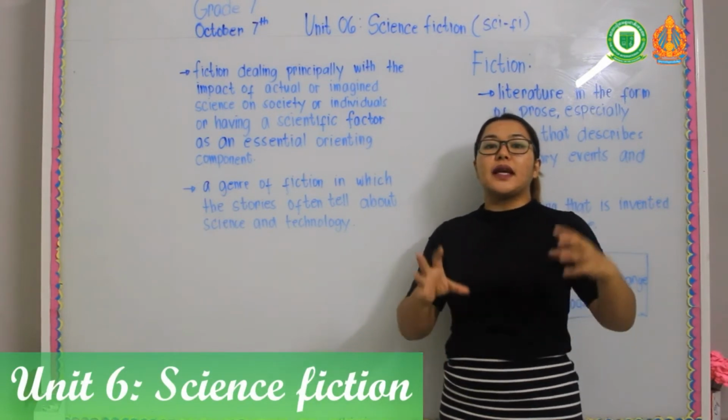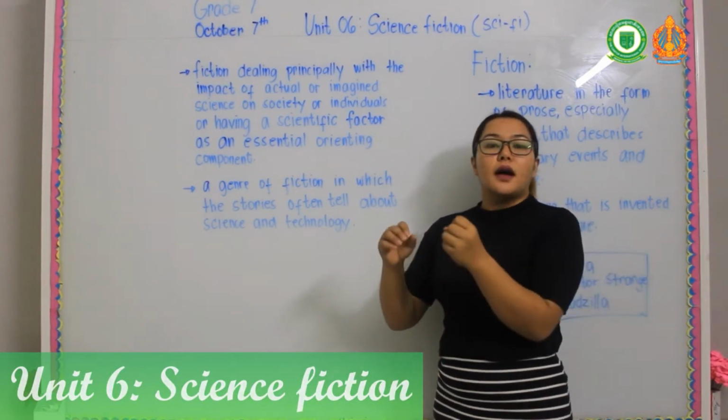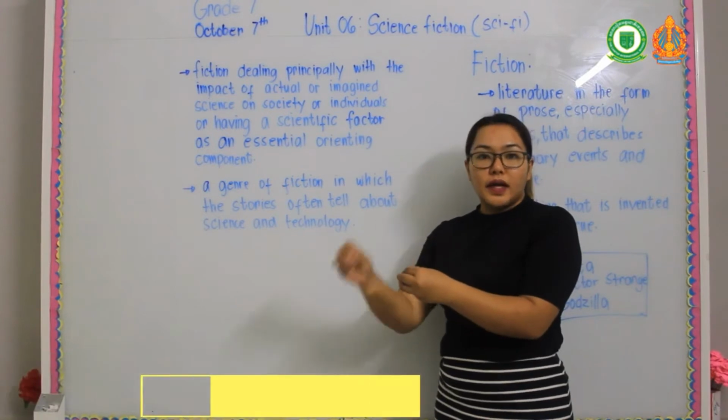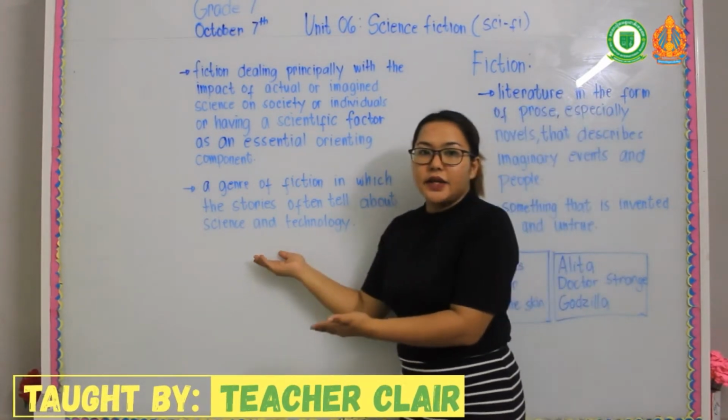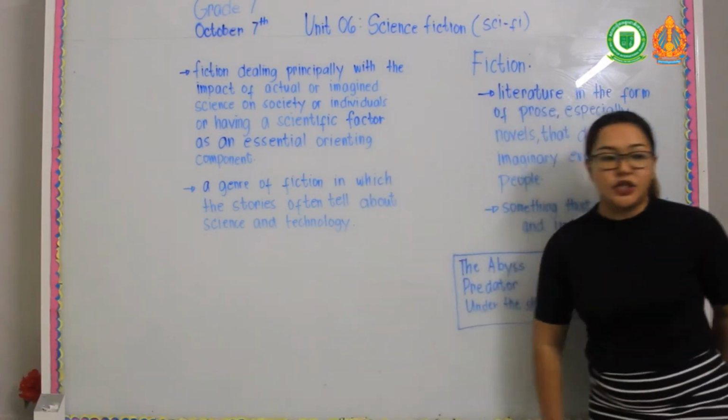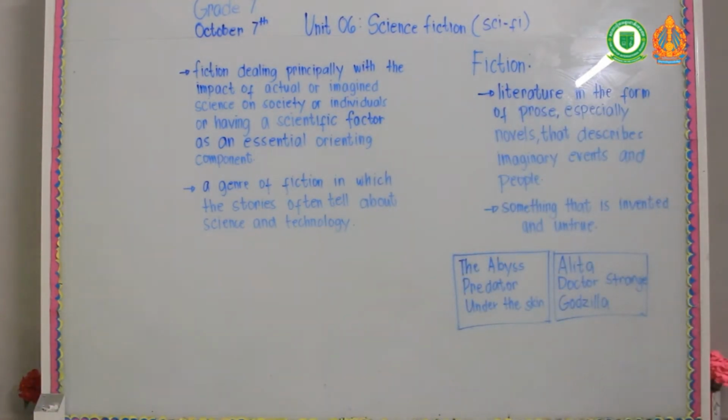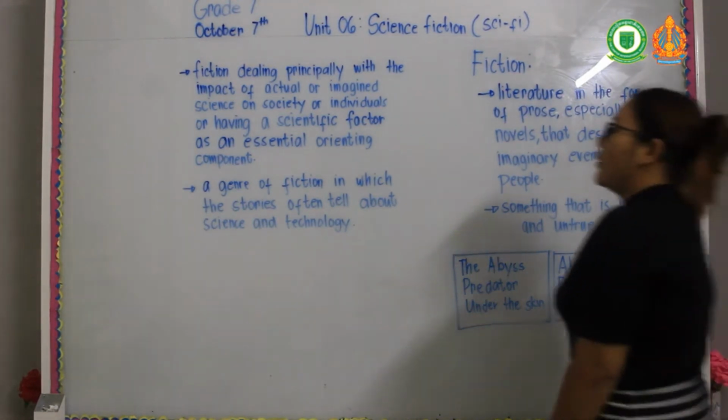So it can be fully imaginary, or it can be both real and not real. Okay? So an easier way to understand it is a genre of fiction in which the stories often tell about science and technology. Okay, science fiction.